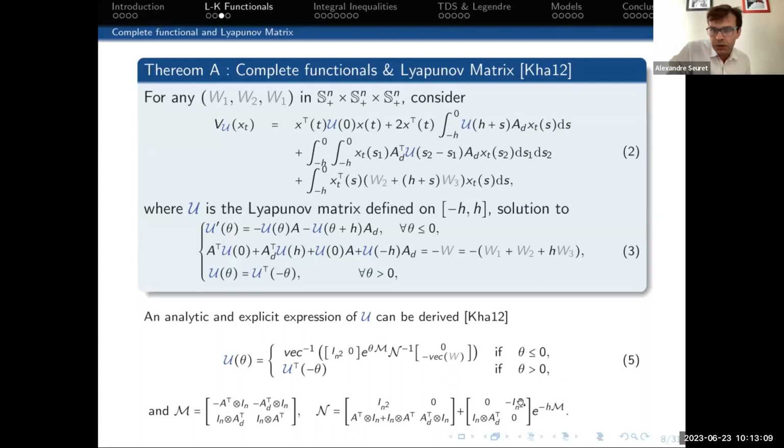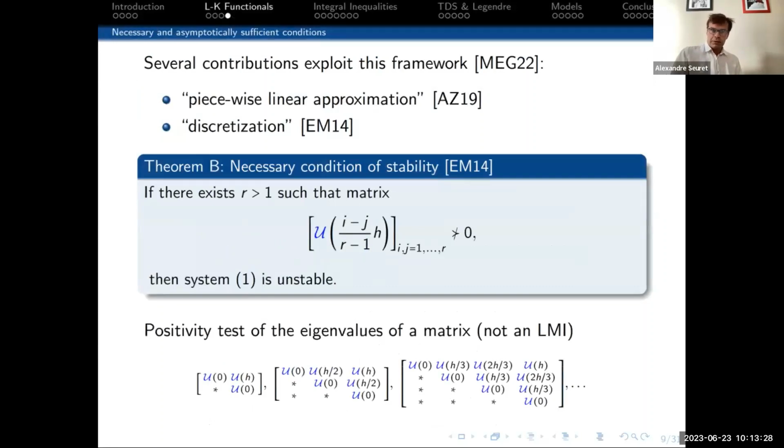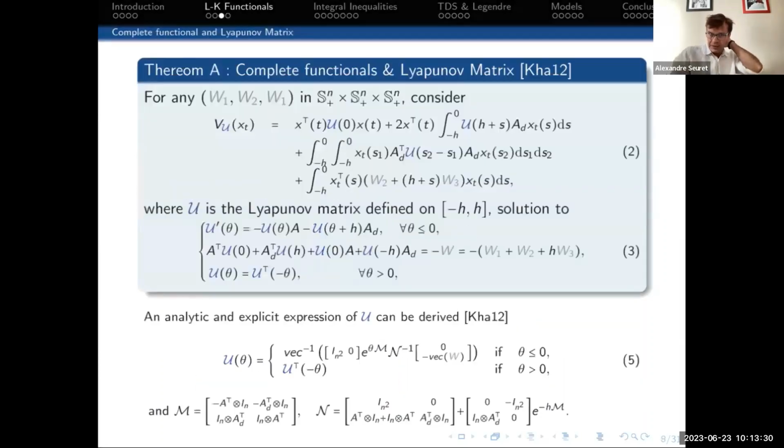Just note one thing that will be important in the next part of the presentation: this function is continuous, but it has a discontinuity in the derivative of this function U. The good thing is that this is a constructive theorem that tells us about the existence of a Lyapunov-Krasovskii functional and how to build it.